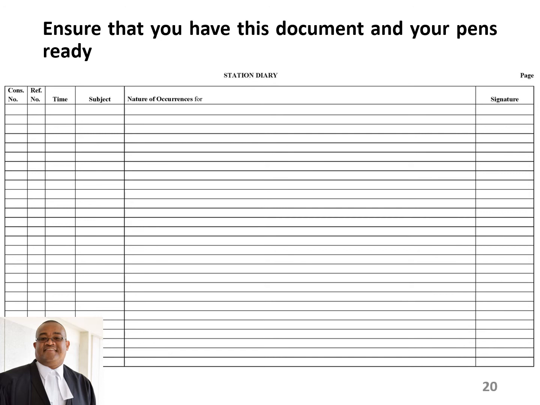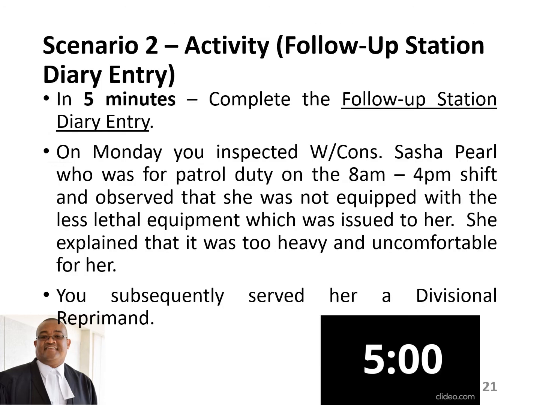Next, we are going to look at the follow-up entry, and you have to ensure that you have a copy of this document as well as your pen ready. We are still looking at scenario 2, and for the next activity, you will be completing the follow-up station diary entry, for which you have 5 minutes to do.